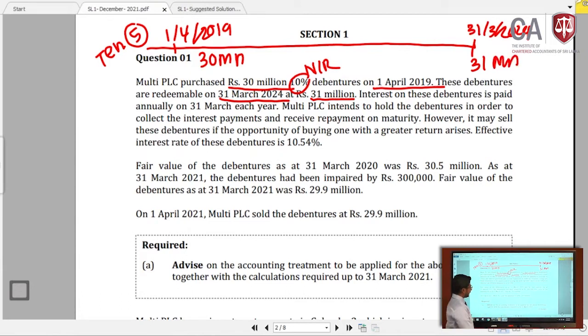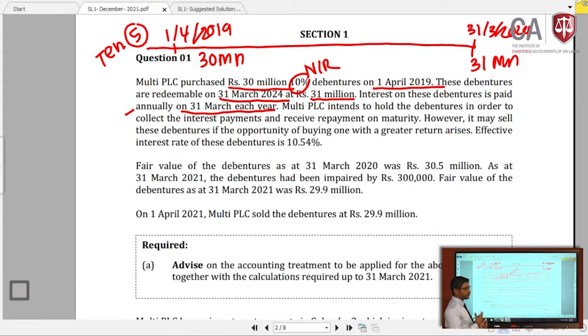Interest on these debentures is paid annually, on 31st March each year. So you have to think about whether the interest is paid in advance or in arrears. Annually on 31st March each year means they are paying in arrears, meaning at the end of the year.